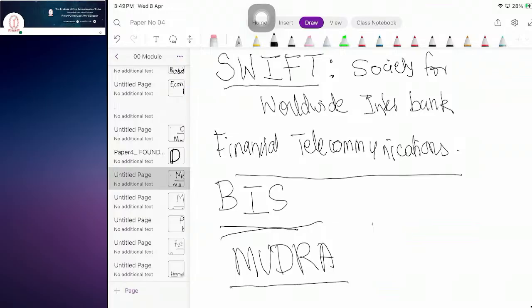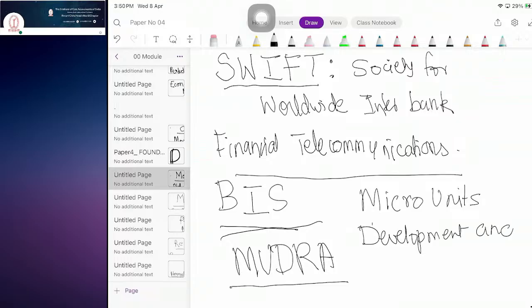Okay, now Mudra stands for Micro Units Development and Refinance Agency.